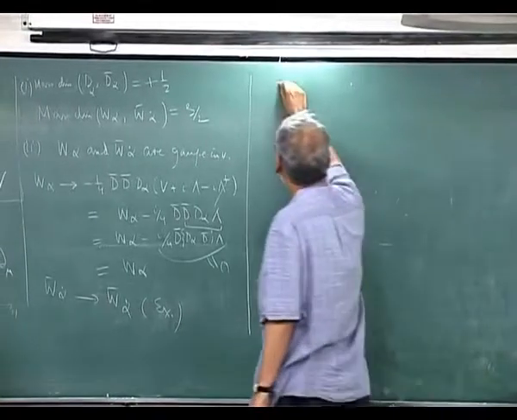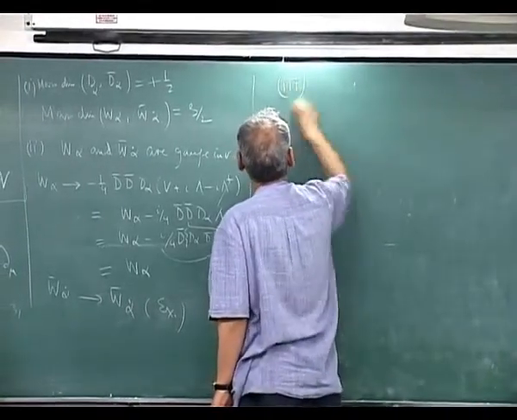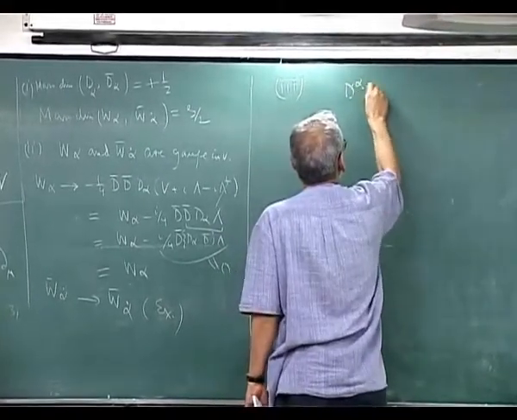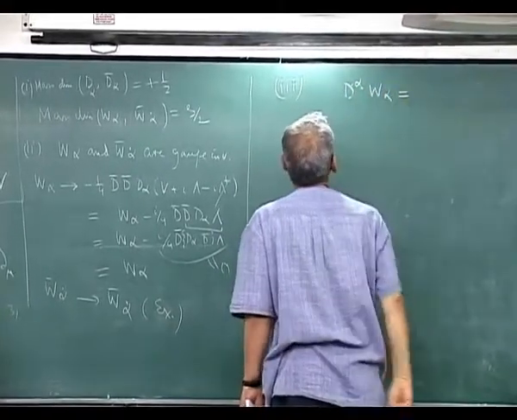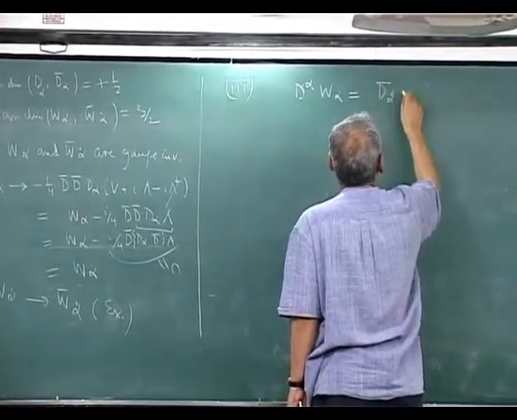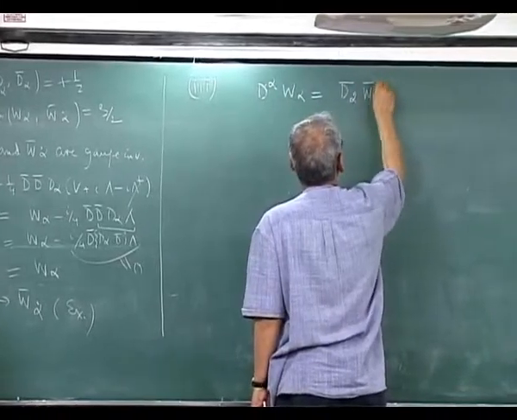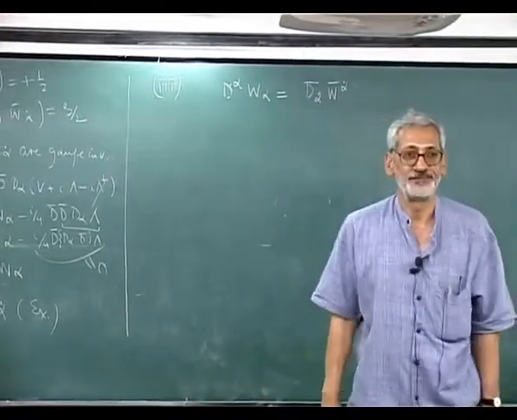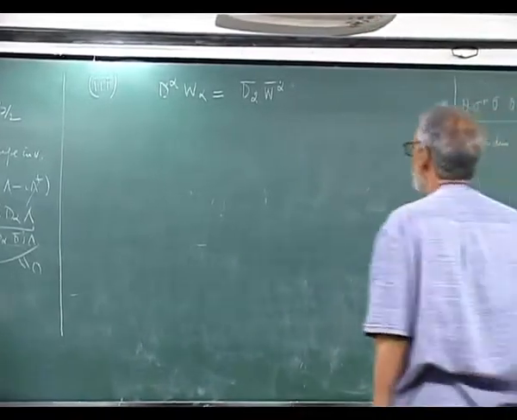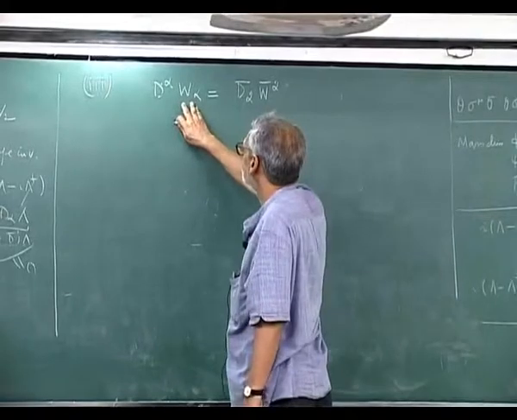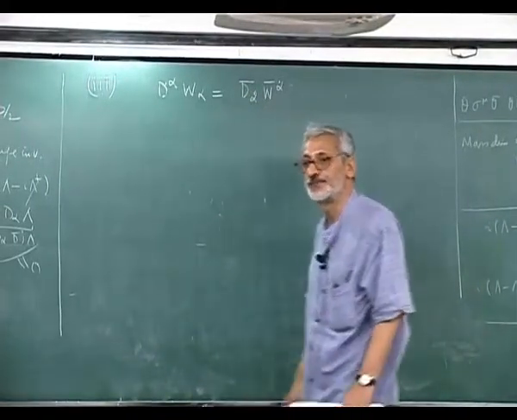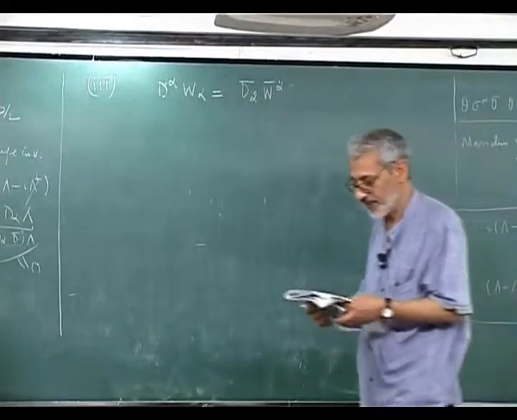There's another interesting property that W's have, which is that if I take a spinorial derivative D alpha of W alpha, that turns out to be the same as the spinorial derivative D bar alpha dot of W bar alpha dot. The covariant derivative of W and covariant derivative bar of W bar are the same. And this, I think, I'll leave as an exercise.